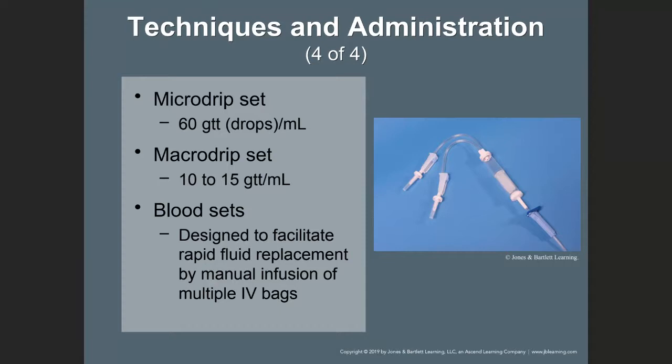Macro drip set can be 10, 15, or 20 drops per mil, and as it states, it means it takes 10, 15, or 20 drops of fluid from that drip set to give you 1 mil.